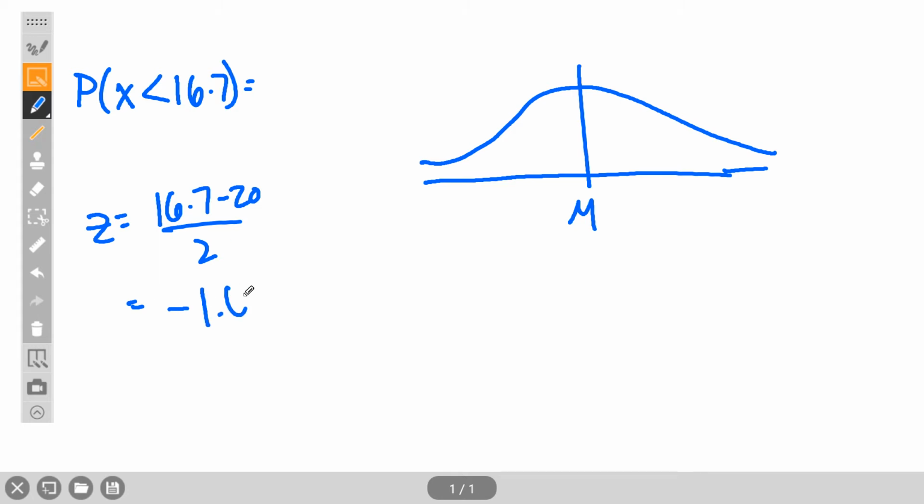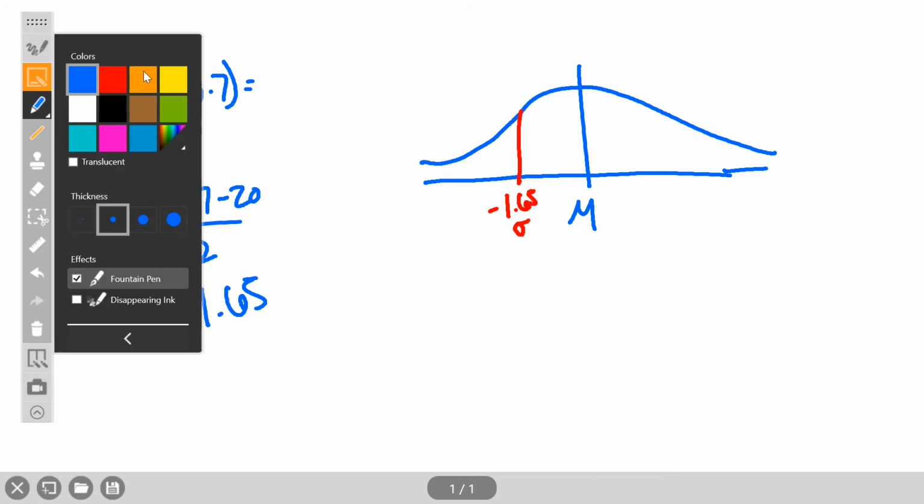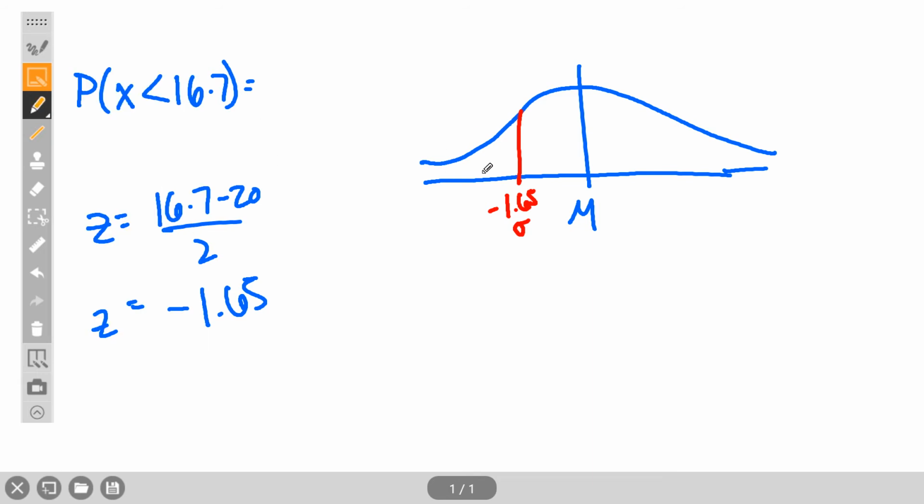Negative 1.65. Okay, so this particular value is negative 1.65 standard deviations below the mean. Okay, now when I go to my z-table, it's going to give me what's below this, and that's exactly what I want. Okay, I want to know the probability that it's less than that value.